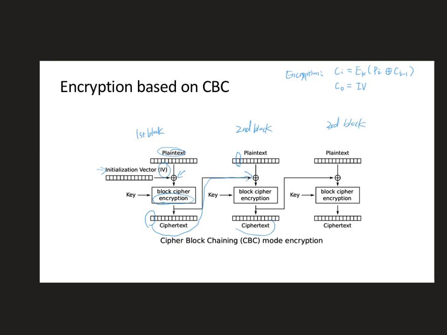We use the ciphertext block of the second plaintext block to do the XOR operation. Then continue doing this, we get the final encryption result. So this is how CBC works.